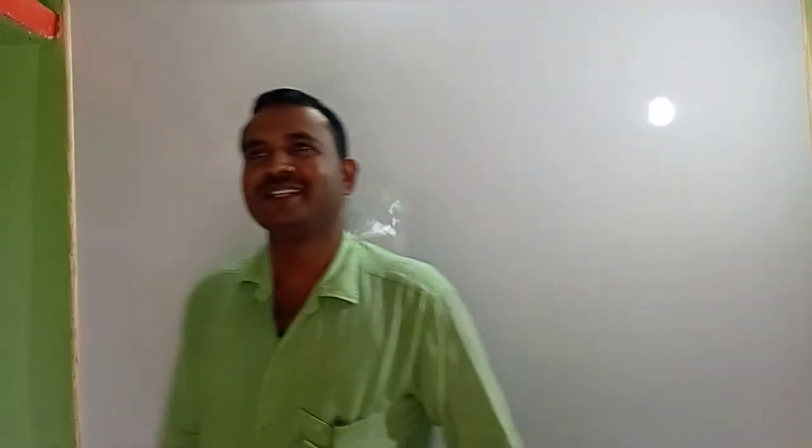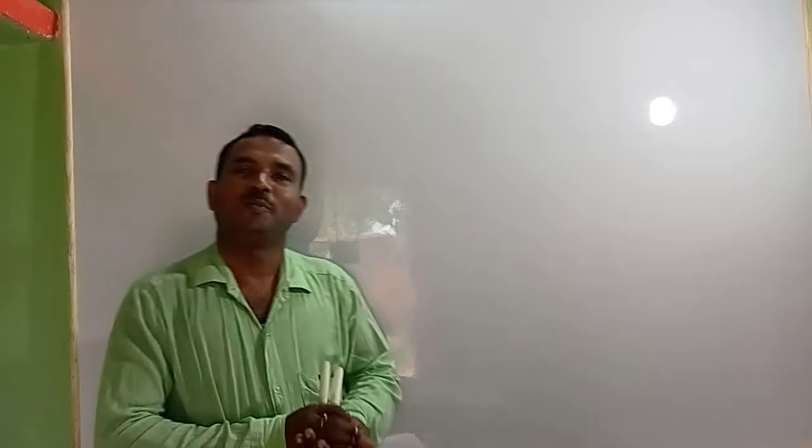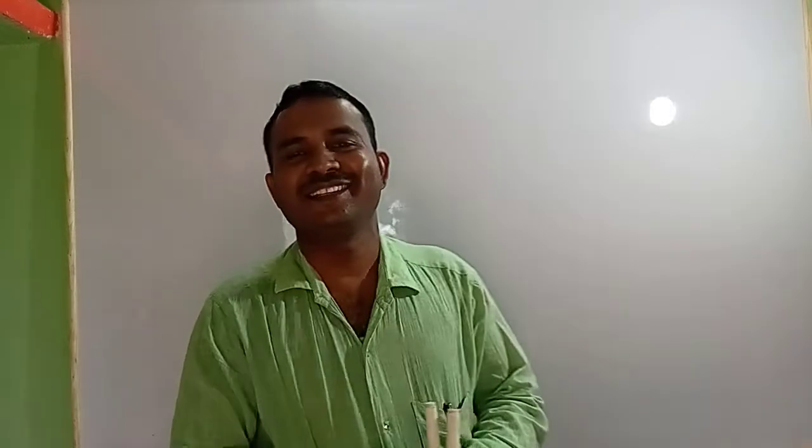Okay, fine. So we have completed the triangle law of vector addition. Very good. And now today we will discuss the next topic, that is the parallelogram law of vector addition.